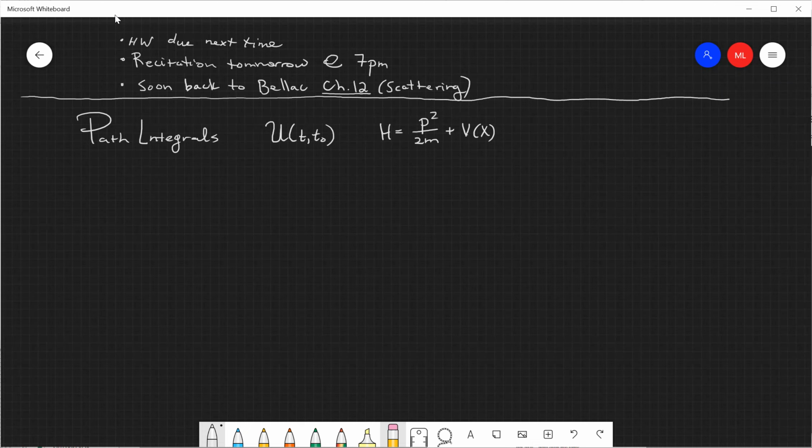So we know that we can exponentiate the Hamiltonian and get what we need for the time evolution operator. And the last thing I was doing is I was using this property of the unitary evolution.